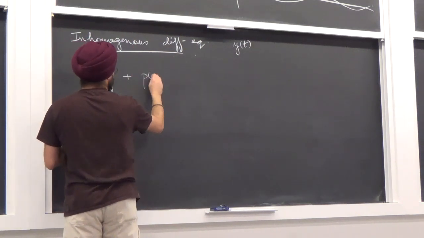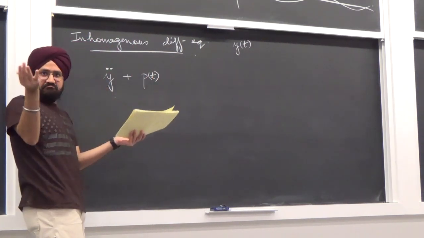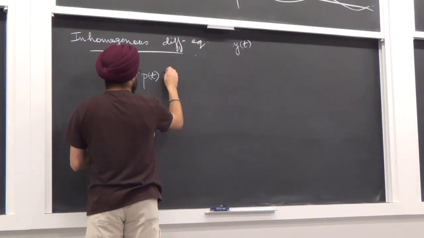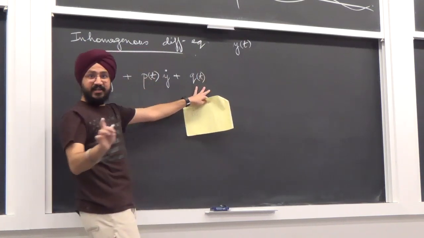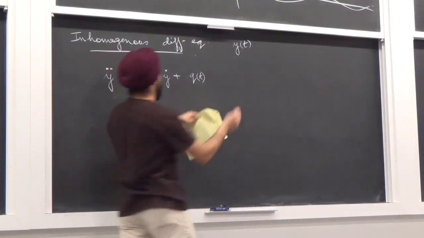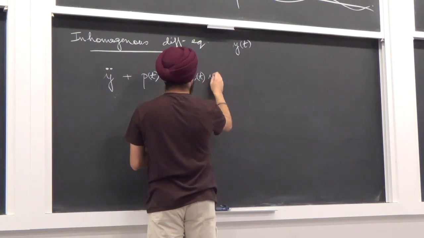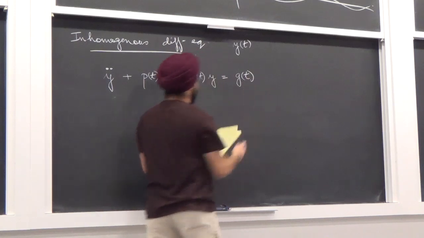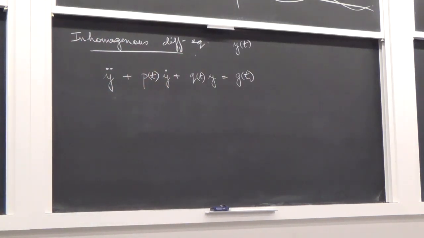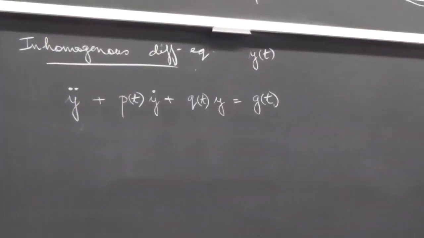y double dot, plus some function p of t times y dot, plus some other function q of t, not the charge, times y equals some function G of t. Okay. Most generic second order differential equation.